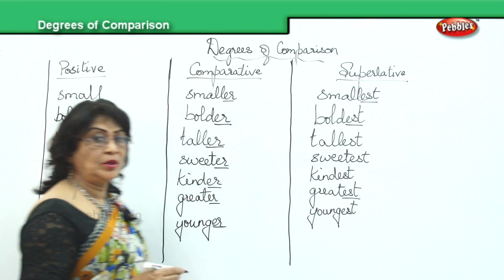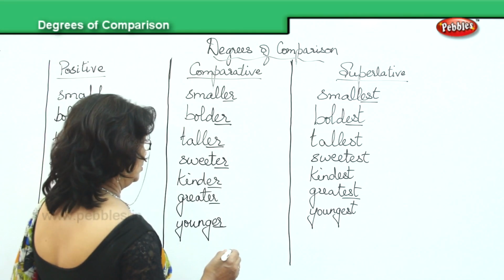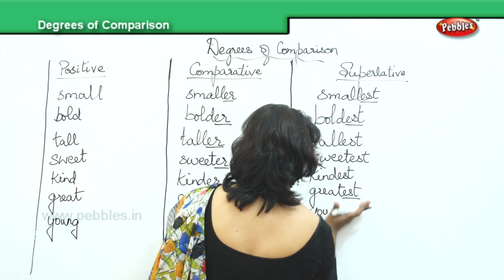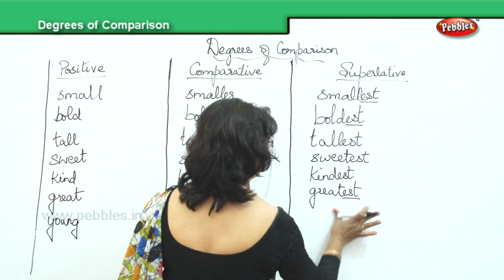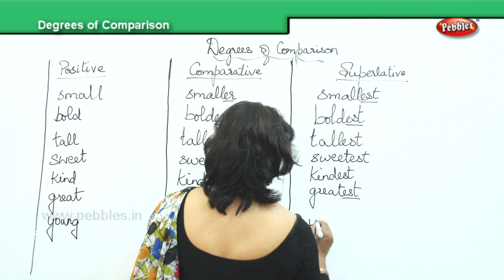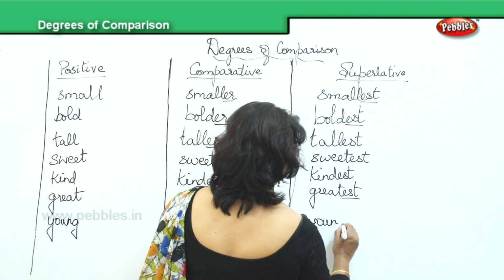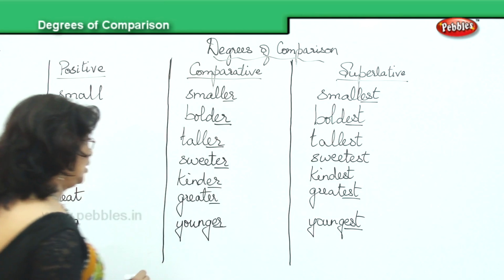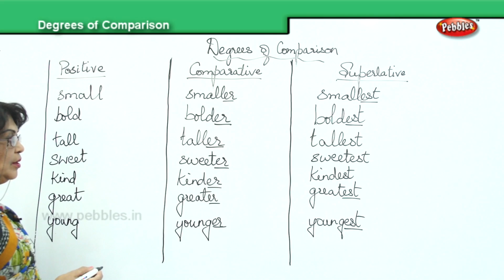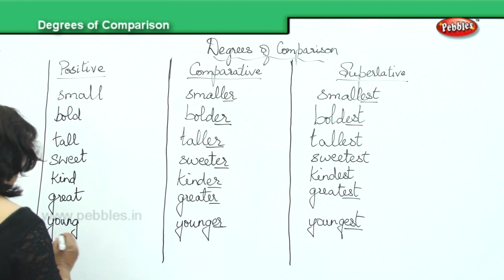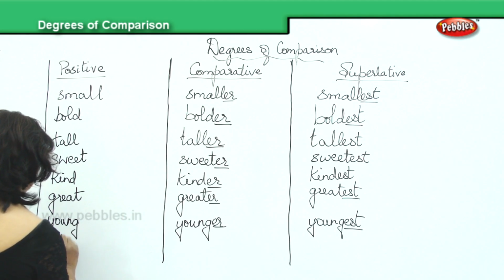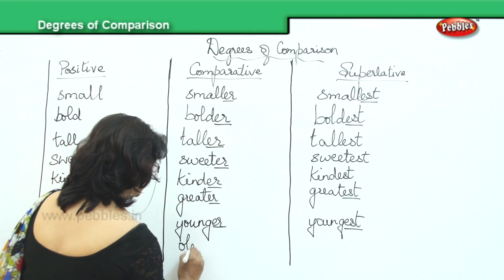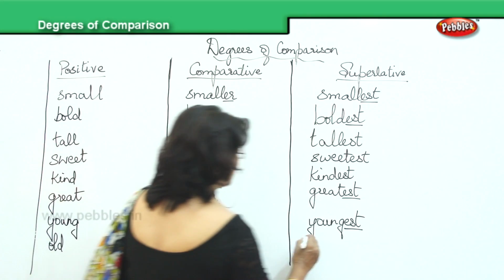What about old? I've written it a little closer here. I'll write it down so that you don't get confused. Okay, since we have written young, why don't we write old? Old, older, oldest.